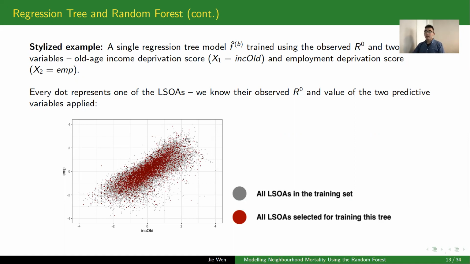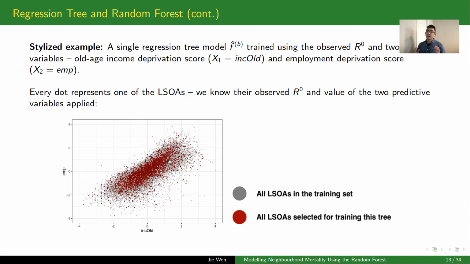We can plot all of the RSOs within a 2D plane here. The x-axis is the inc old and the y-axis is the employment score. Every dot represents one of the RSOs, and for each of the dots, we know the observed R0, and we also know the value of the 2 predictive variables we use here.